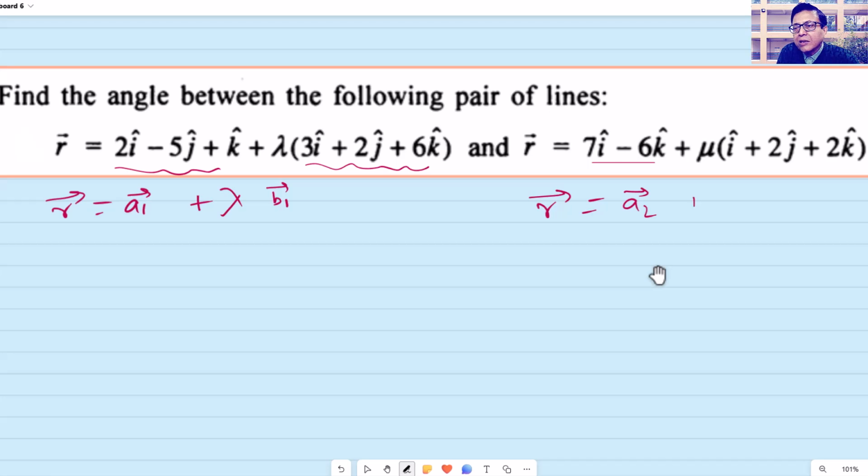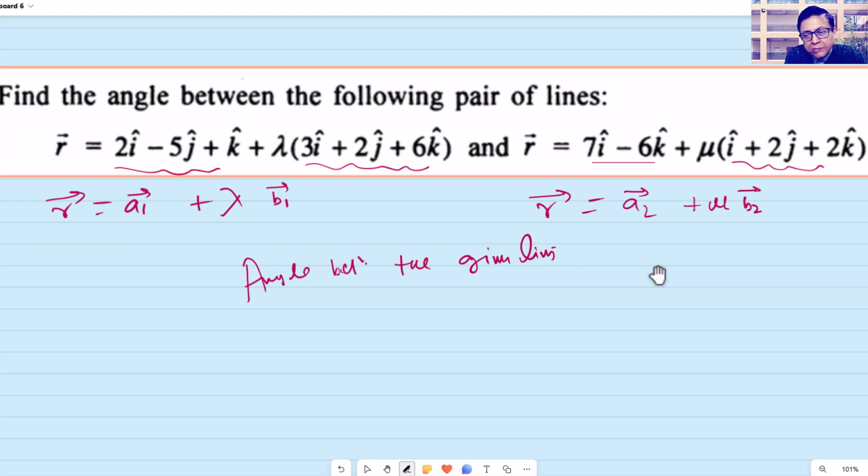This one, and b2 is this part, i plus 2j plus 2k. So angle between the given lines be theta.